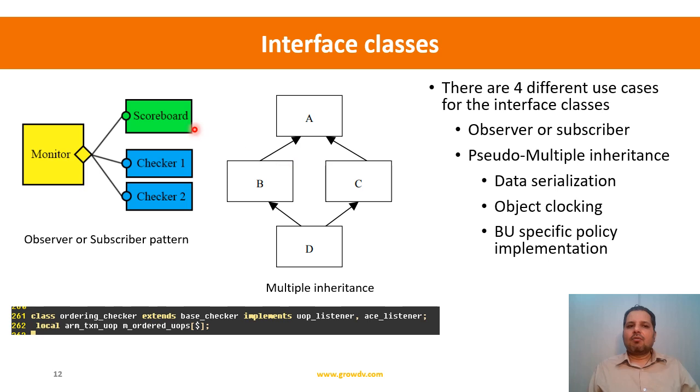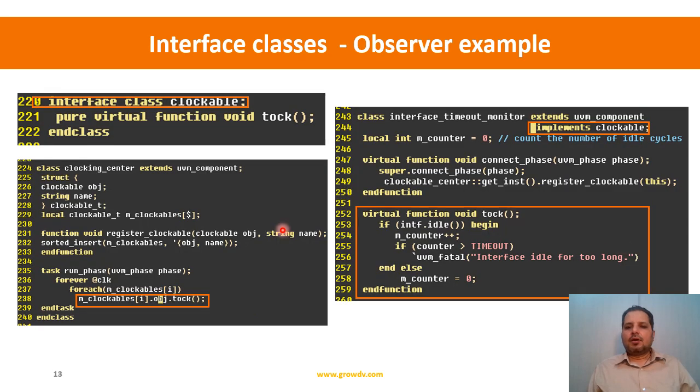Let's look at one example of how object clocking works. So here is an example. The object clocking problem is something like this. When we provide the same clock separately to different blocks through different interfaces in the test bench components, there are again some cases where there are issues with races that come in.